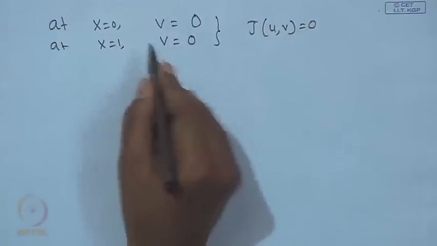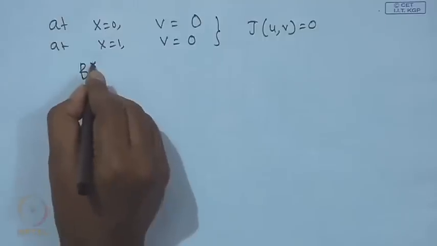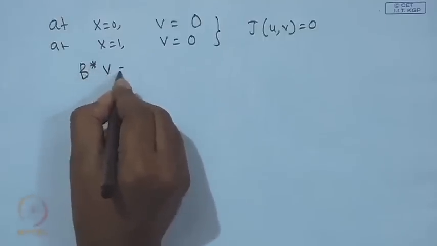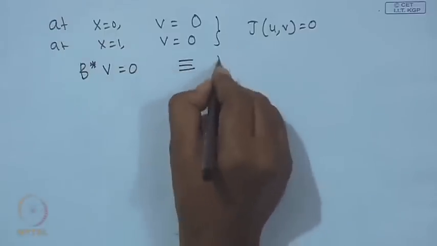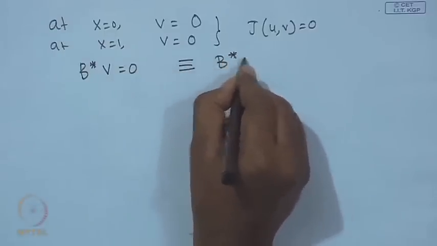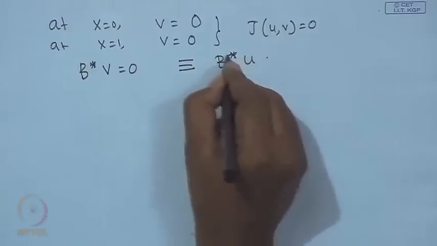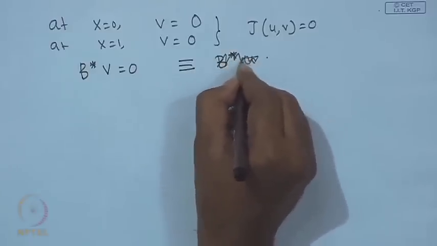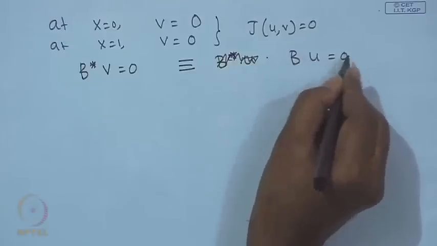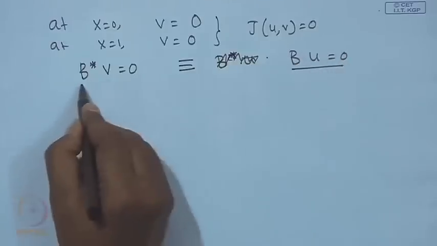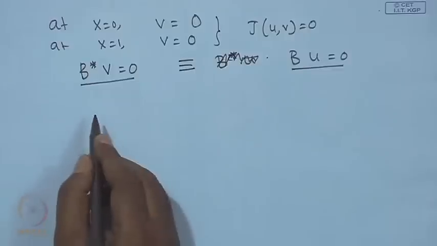So, we will be getting the boundary operator B star v is equal to 0. So, it is identical with the original boundary operator B u is equal to 0, and we are getting B star v equal to 0.